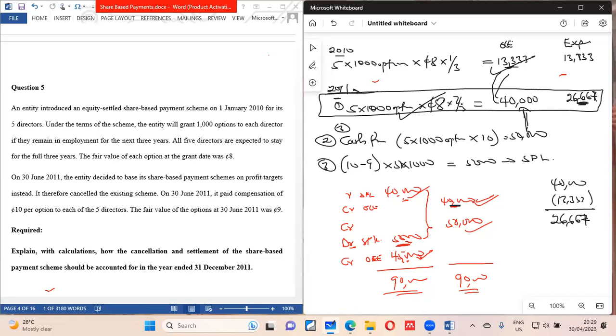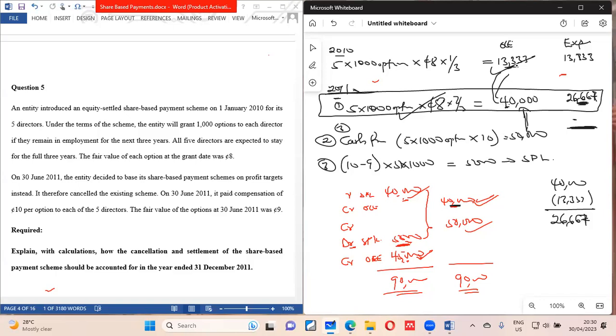So your answer here will change. I don't think it would have been 40. So you have to deduct and get the one that will be sitting in your P&L. All right. So that is that.